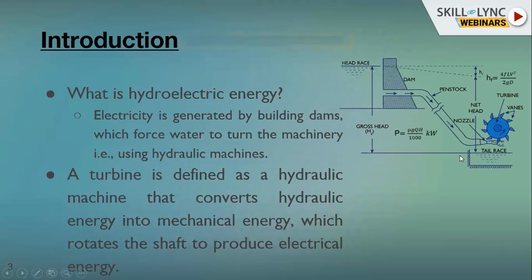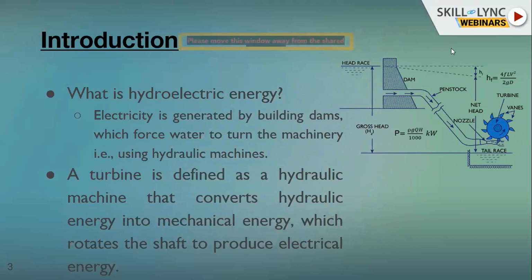So let us understand this hydroelectric power plant layout, at the top right portion. You can see this figure. It mainly consists of a dam to store water, a penstock to carry water from the dam to the turbine, a turbine coupled to the electric generator to generate electricity, and a tail race to store the water and send it to small rivers and ponds.